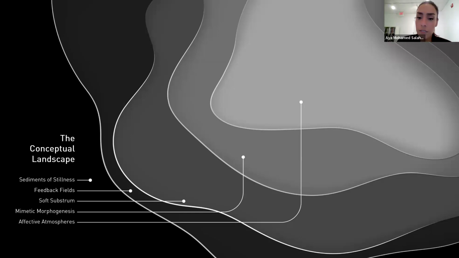So starting with the conceptual landscape, it was a way for me to organize the different layers that influence and are a very important foundation to these affectively attuned environments that I'm talking about.